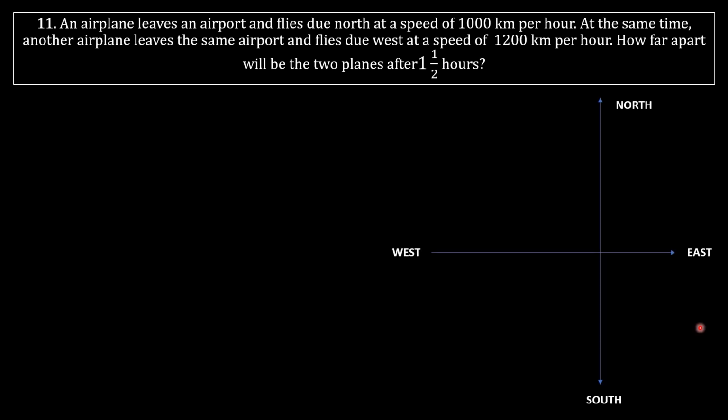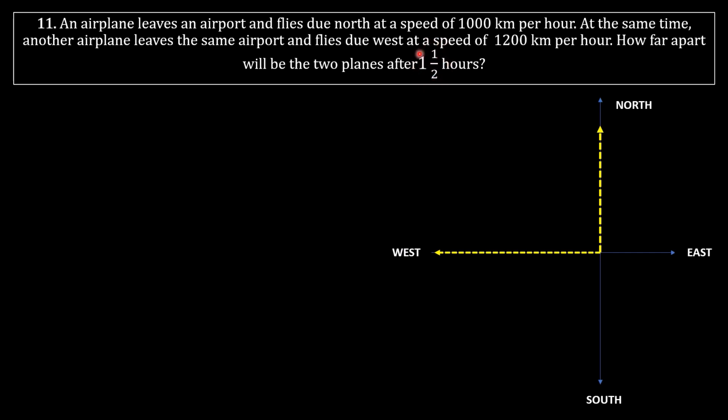East, west, north, south. So one plane leaves towards north this way, and the other plane at the same time leaves towards the west. So the distance covered by this plane will be 1000 into 1 and 1 upon 2.